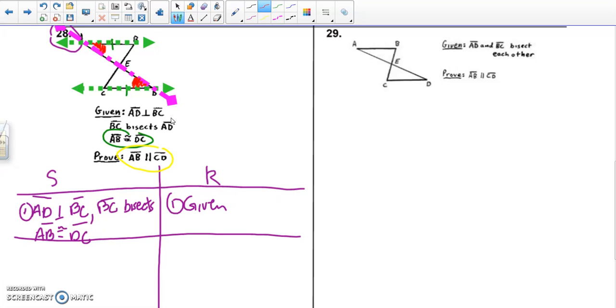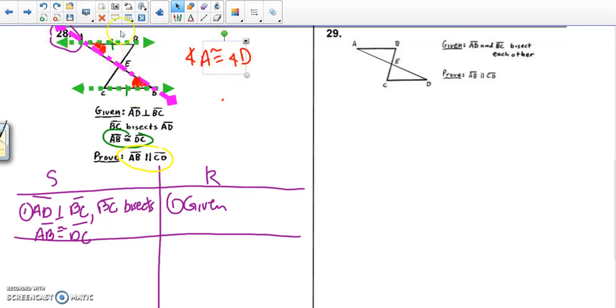So if we work backwards a little bit, if we want to prove these lines are parallel, we need to prove that angle A and angle D are congruent.